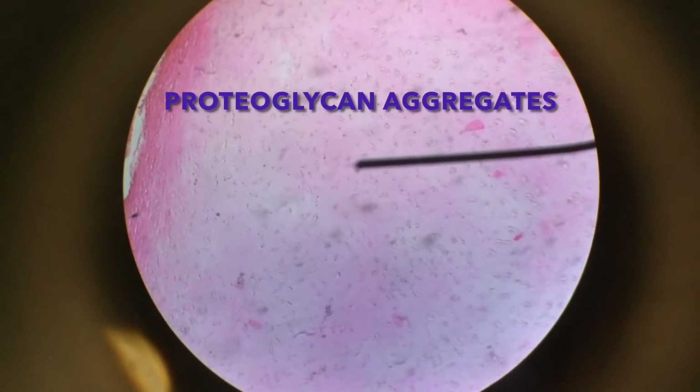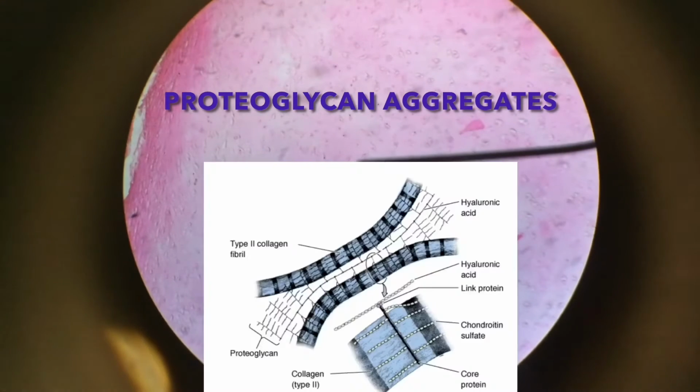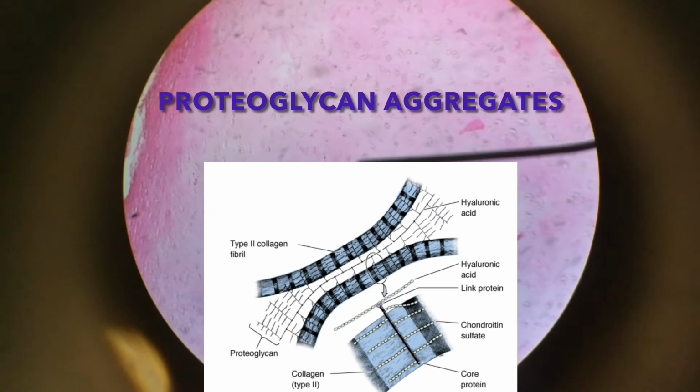Structurally, the proteoglycans look similar to a bottle brush, with the protein core being the stem and the radiating parts being the glycosaminoglycans, as you can see in this inset picture.